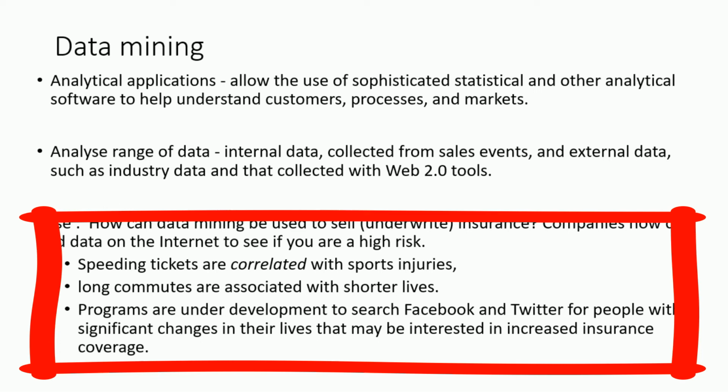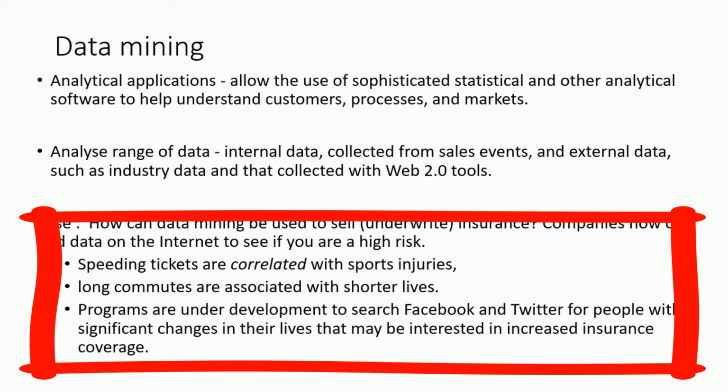That means those with sports injuries are likely to incur more speeding tickets. Long commuters may associate with shorter lives. If so, the life insurance premium can get increased for long commuters.